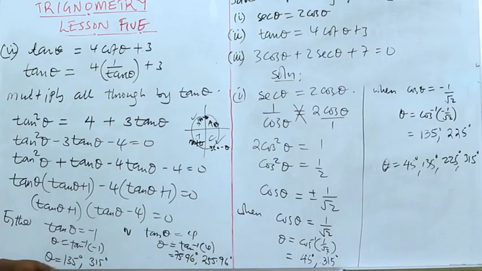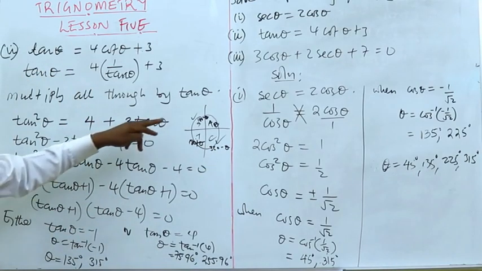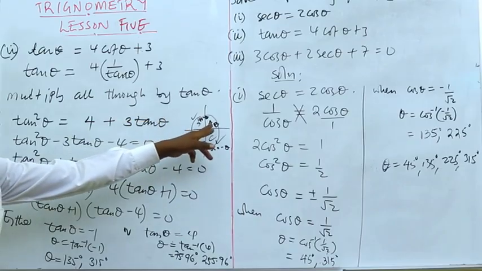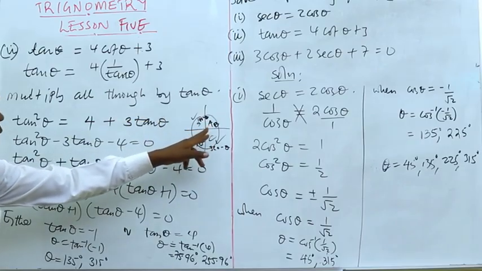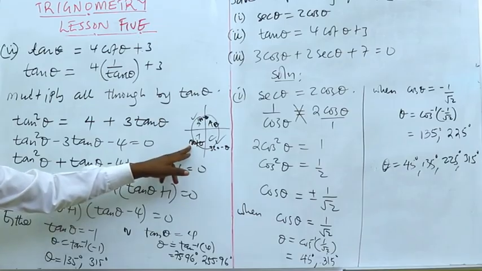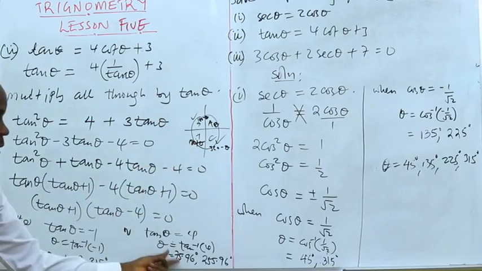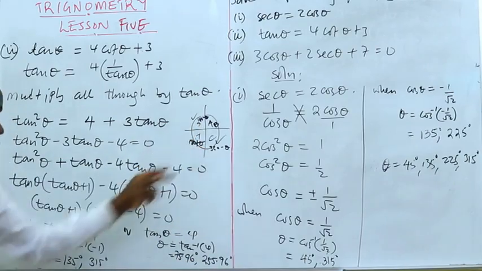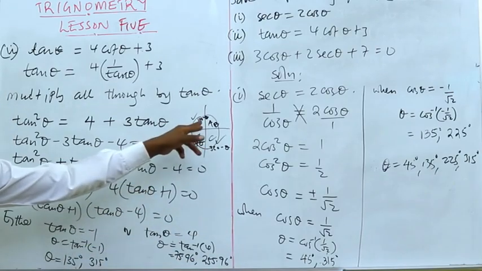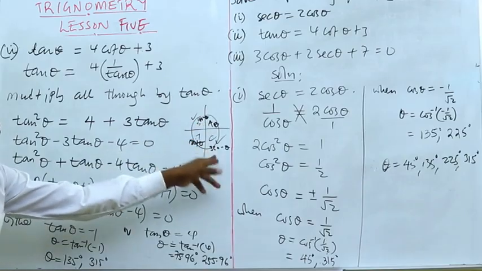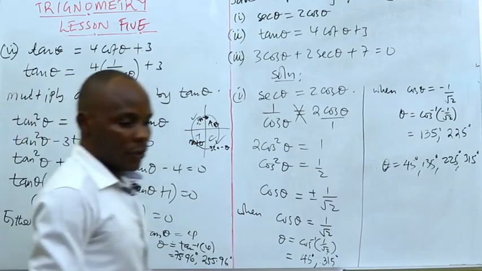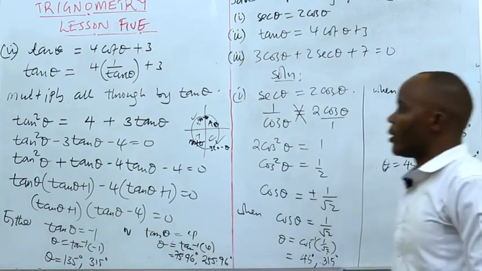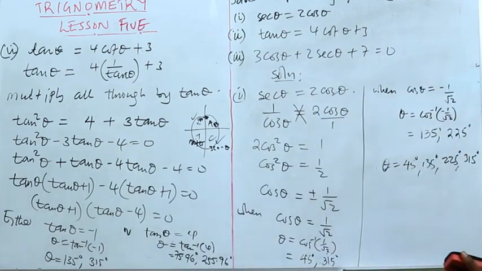Now, if it is positive in the first and the third, that's why I have added this angle plus 180 to get this. I got these two when I subtracted both ways. Okay? So that is how you can go about it.